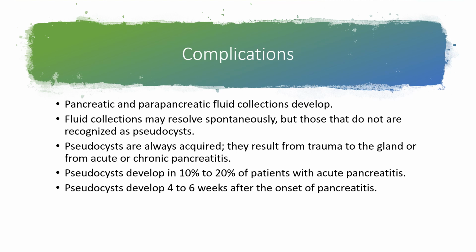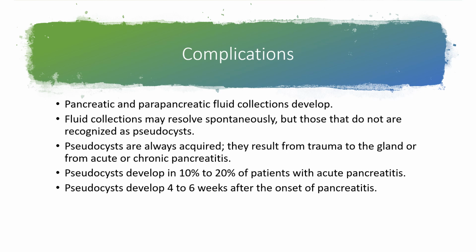Pseudocysts are going to develop in 10 to 20% of the patients that have acute pancreatitis, and typically 4 to 6 weeks after the onset of pancreatitis. They are always acquired. They're never going to be congenital, so they're never going to be there at birth. They result from trauma to the gland from the acute or the chronic pancreatitis.